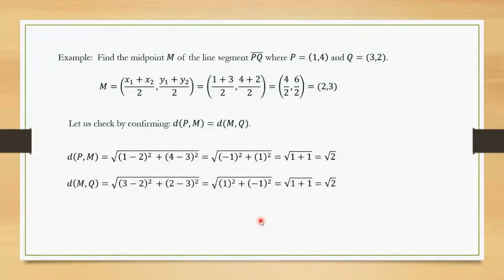Here we're taking P to be the point (1, 4) and Q to be the point (3, 2). Now let's get the midpoint M of the line segment PQ, where P is this point and Q is this point. Again, it's just the formula from before.